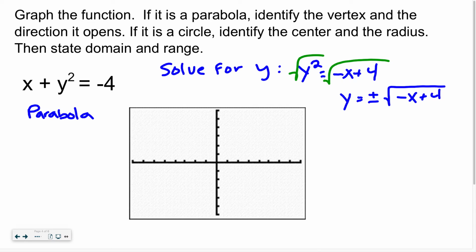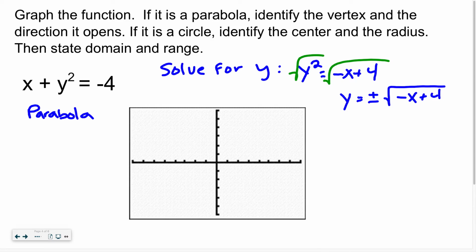Okay. And then this is where we want to be really careful. Could it also be imaginary, taking the square root of? No, we won't plot any of the imaginary numbers. But if I put positive numbers in, like 5, it doesn't work, because then negative 5 plus 4 is imaginary. So over here at 5, there will be no graph.